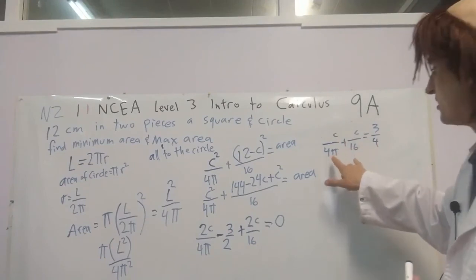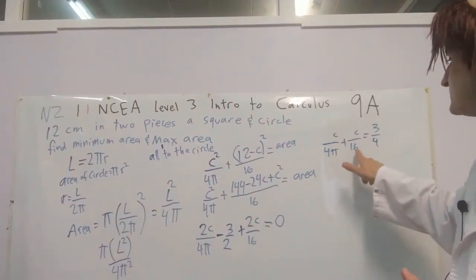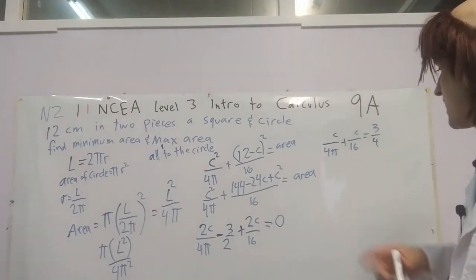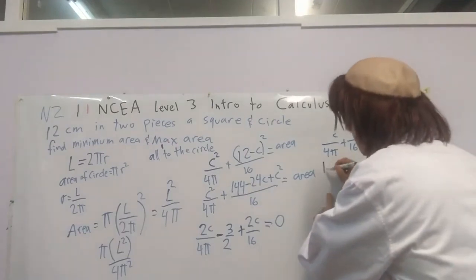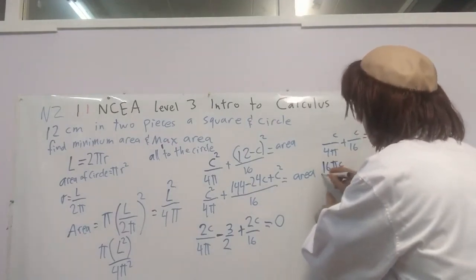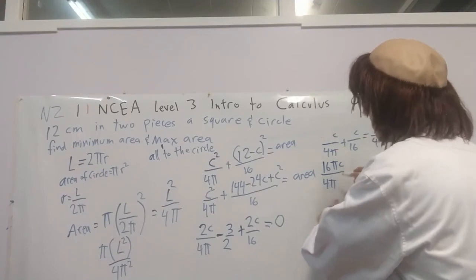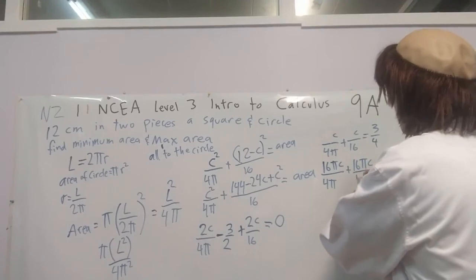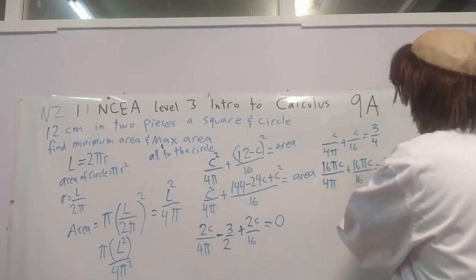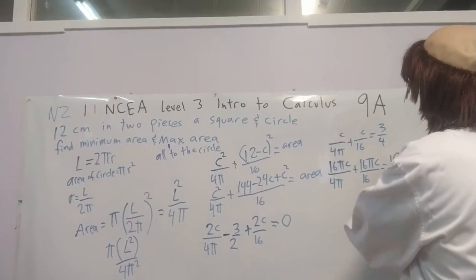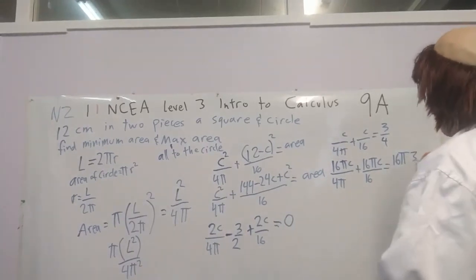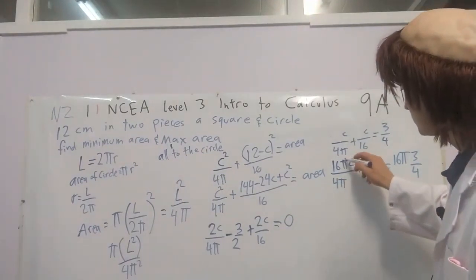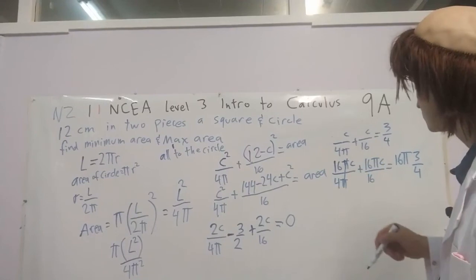What we can do is find a common denominator, 16 pi, and we can multiply everything by that. So we'll get 16 pi c over 4 pi plus 16 pi c over 16 equals 16 pi times 3 over 4. Now we can cancel here. These pi's cancel.